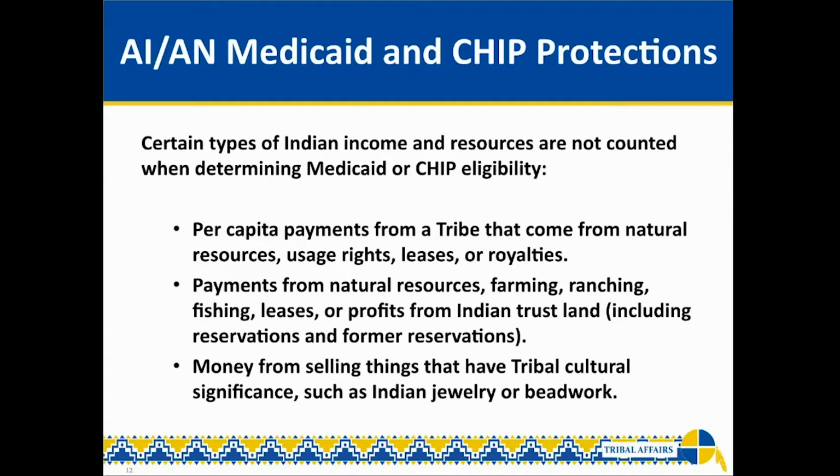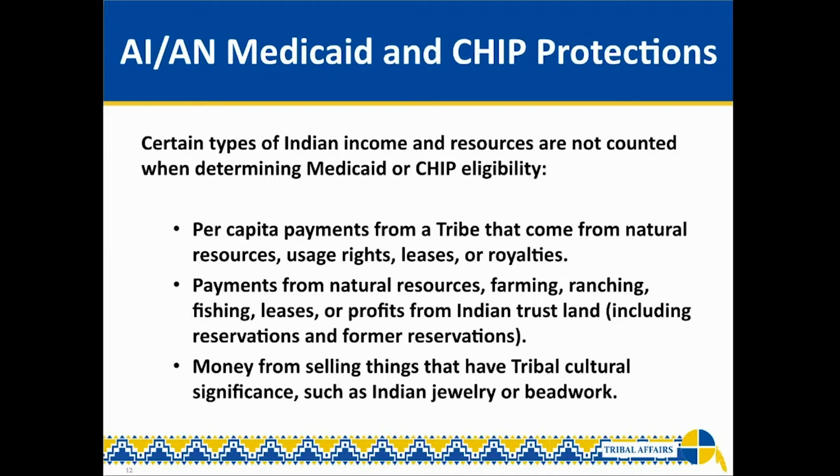Payments received from the tribe or individual payments from natural resources, including leases, royalties, or usage rights, farming, fishing, ranching, rents, or other monies from lands designated as Indian land by the Department of Interior are not counted when determining Medicaid eligibility. This includes land within the boundaries or the most recent former boundaries of a reservation and monies for cultural or traditional activities or items. To be clear, none of these monies are counted for Medicaid or CHIP.